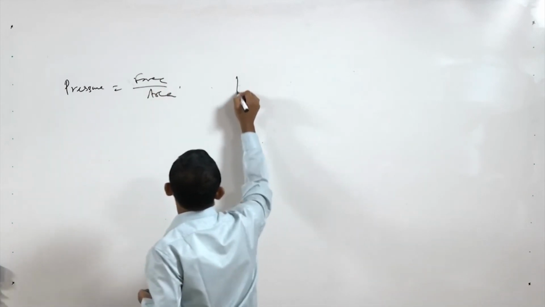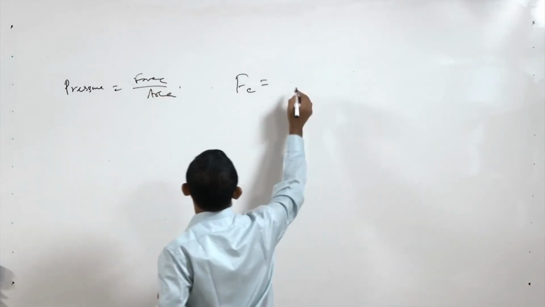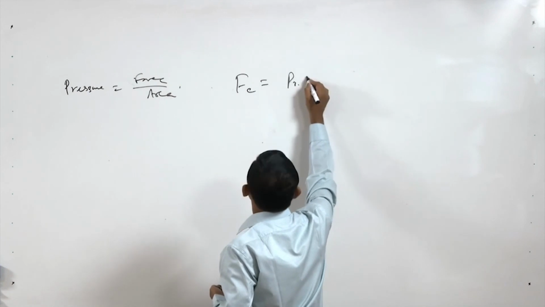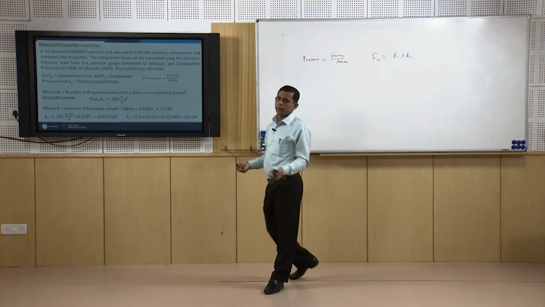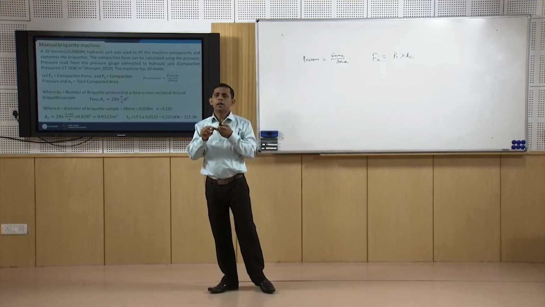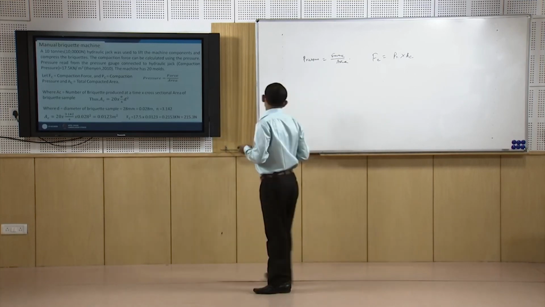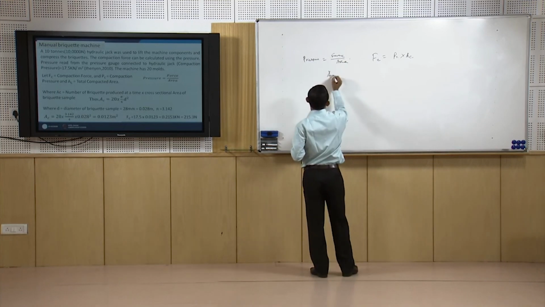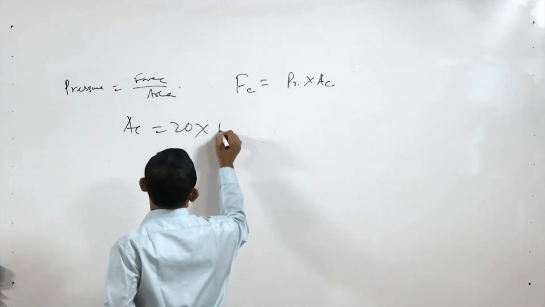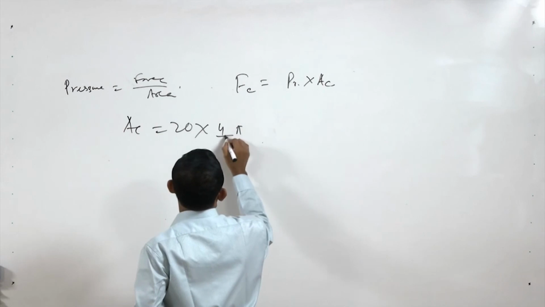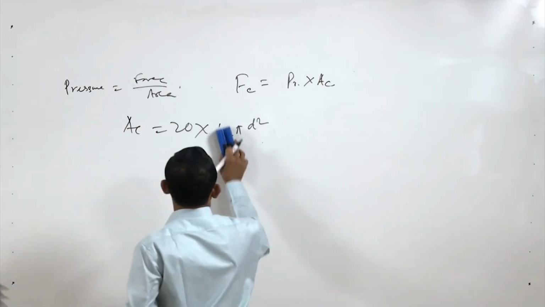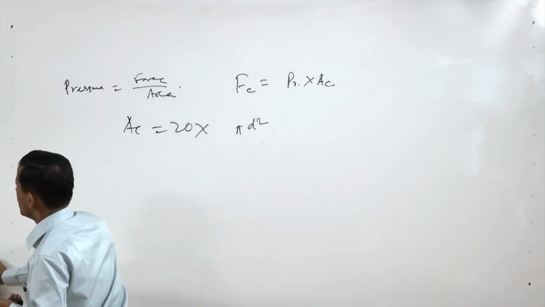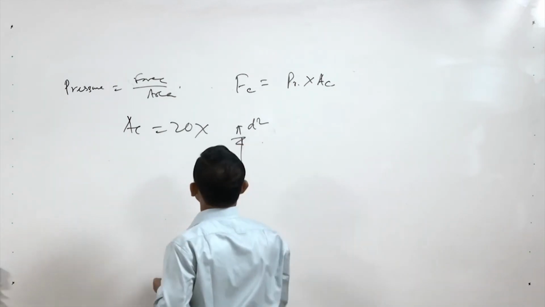So the compaction force Fc is equal to pressure into area for compaction. Compaction area means the area of the dies. So Ac is equal to 20 into pi by 4 d square.